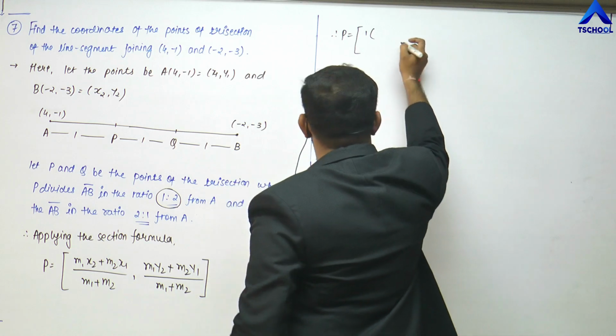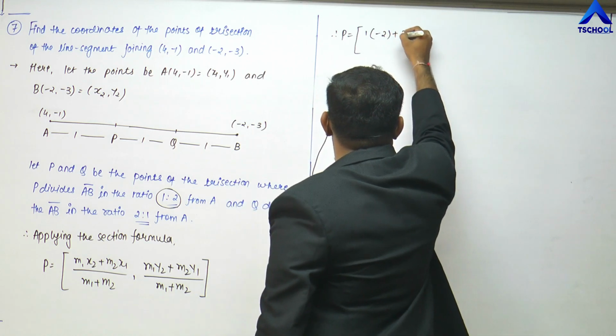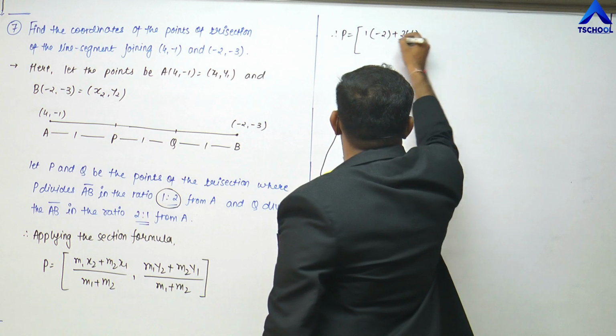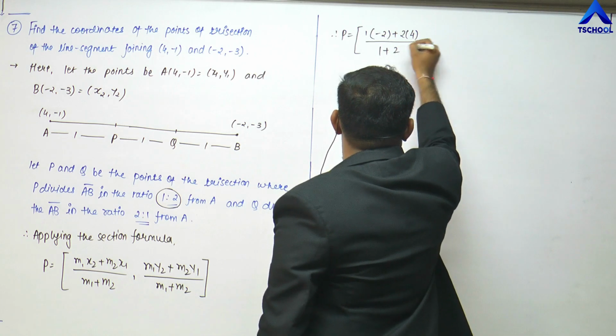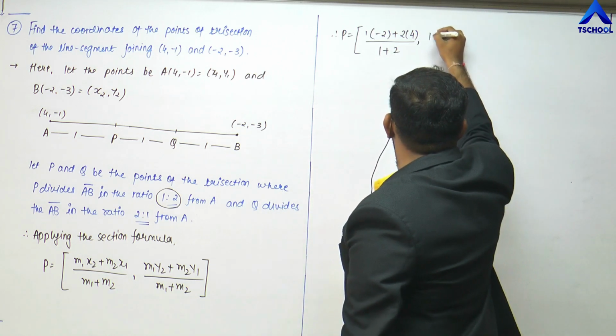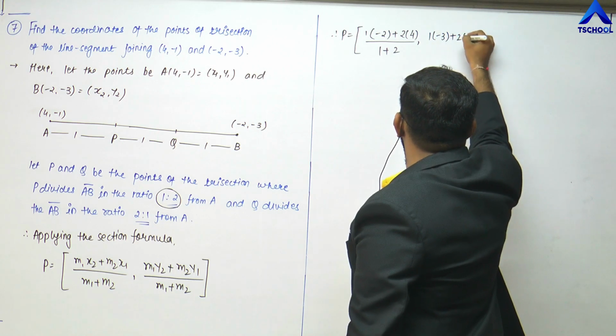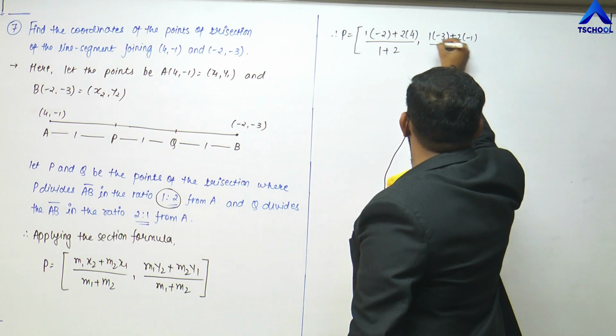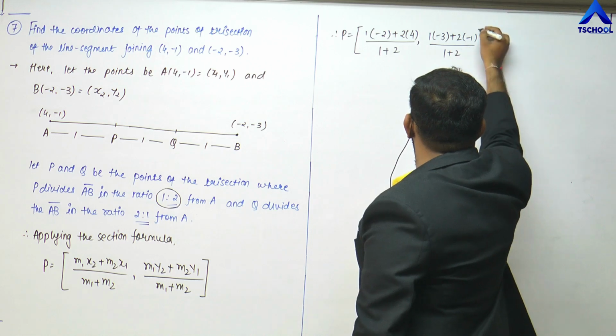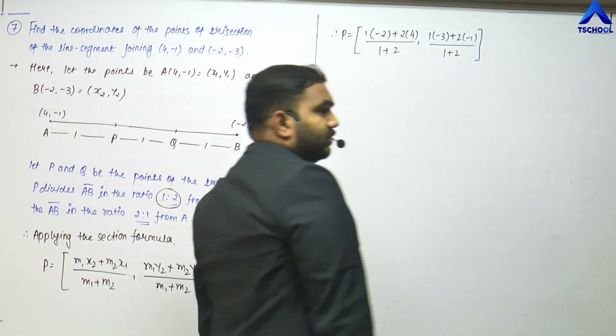This is our x2, that is minus 2 plus 2 into 4 upon 1 plus 2 comma 1 into minus 3 plus 2 into minus 1 upon 1 plus 2, right?